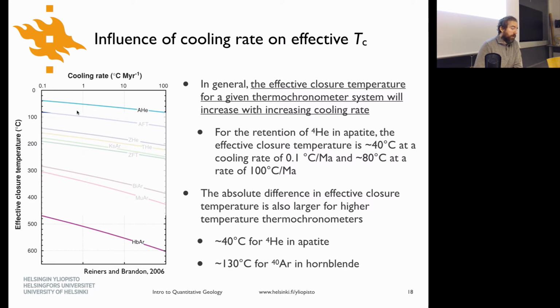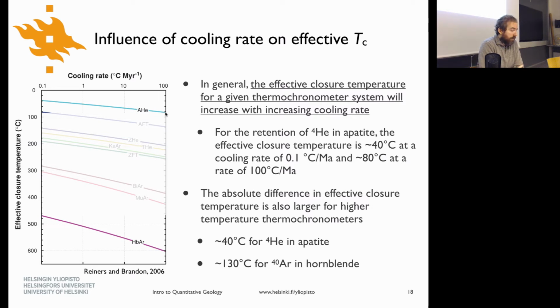So how quickly is the sample cooling: 0.1 degrees C per million years up to 100 degrees C per million years. And that's pretty much spanning most of the reasonable rates of geological processes. So you can see, for instance, it's about 40 degrees for this closure temperature at a rate of 0.1 degrees per million years. If you go up to 100 degrees C per million years, you've got a closure temperature that's about twice as high.